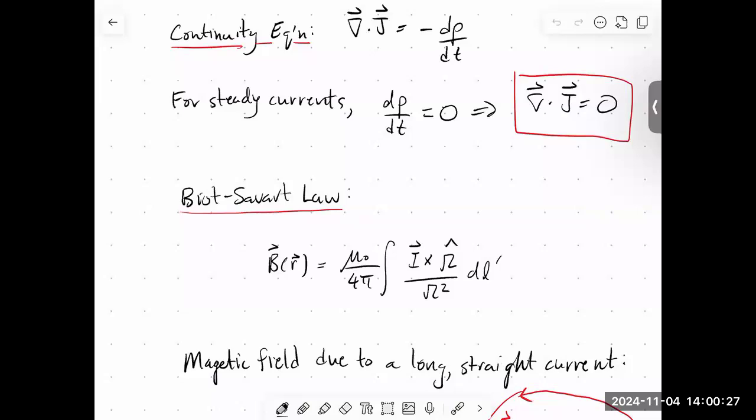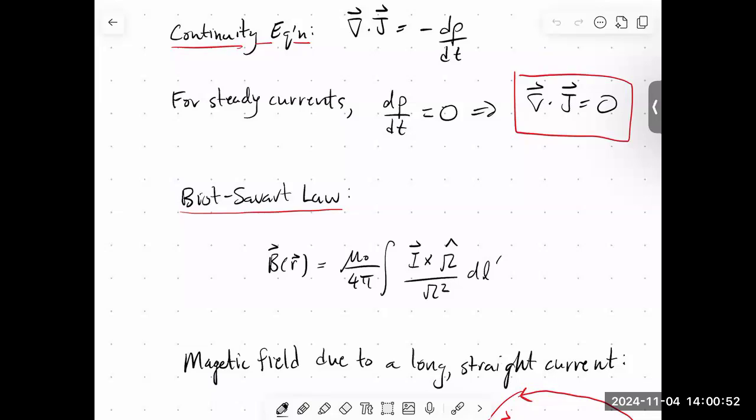Okay, so what we were working on last time, the essence of it, was to try to figure out if we have a current distribution in some region of space, could we determine what the magnetic fields created by that current would look like? And we ended up writing down this relatively complicated Biot-Savart law.